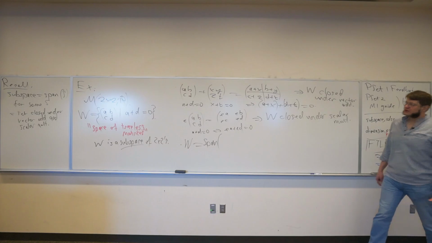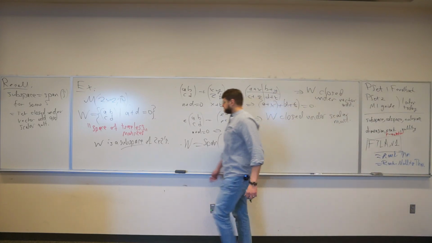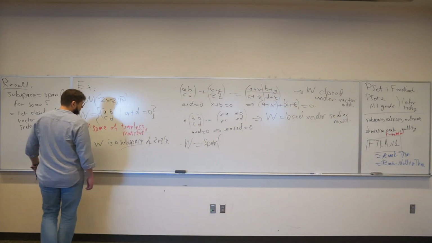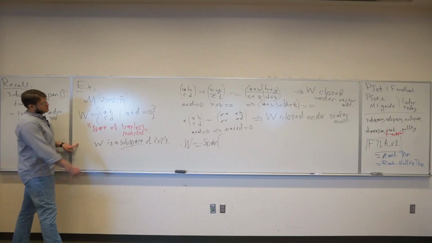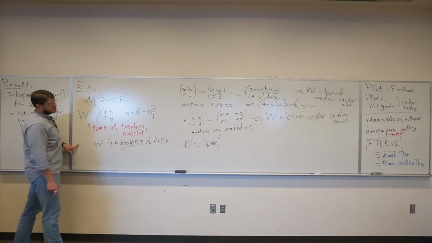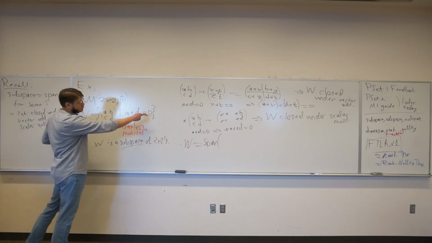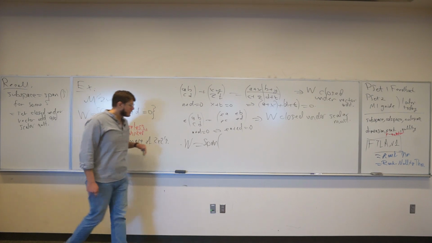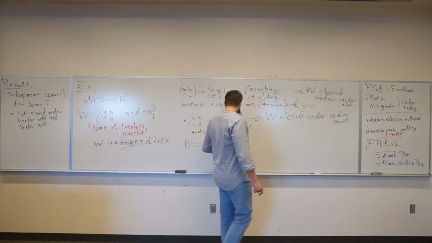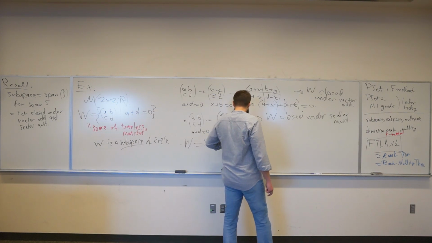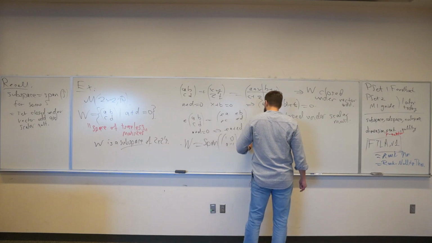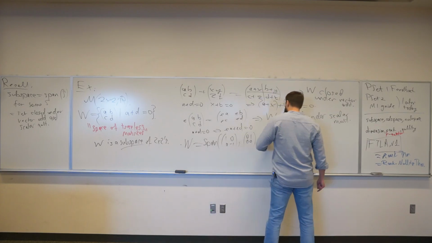So for instance, what I can do is, well, because A plus D equals 0, that's the same thing as saying D equals minus A. And so one matrix I would use is 1, 0, 0, minus 1. Another one would be 0, 1, 0, 0. Another one would be 0, 0, 1, 0.